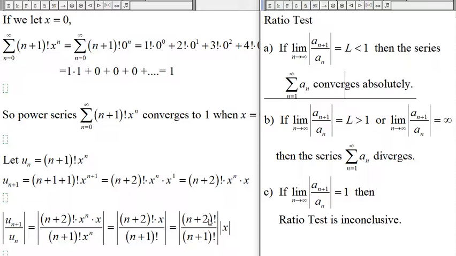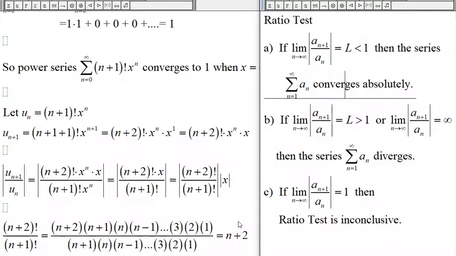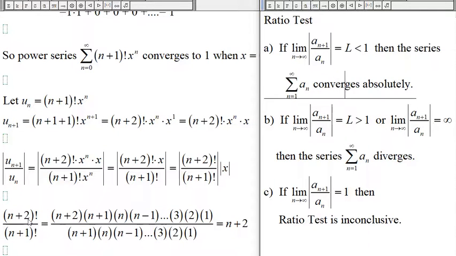Now let's simplify the (n plus 2) factorial divided by (n plus 1) factorial. (n plus 2) factorial means n plus 2 times n plus 1 times n times n minus 1, all the way down to 3, 2, 1.